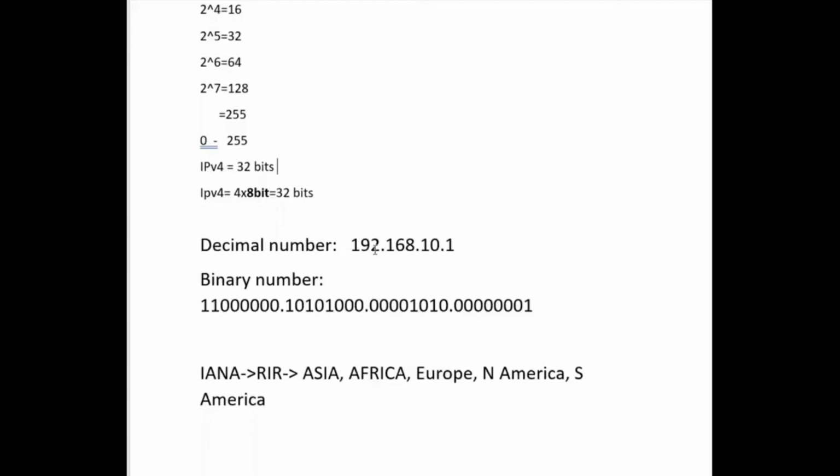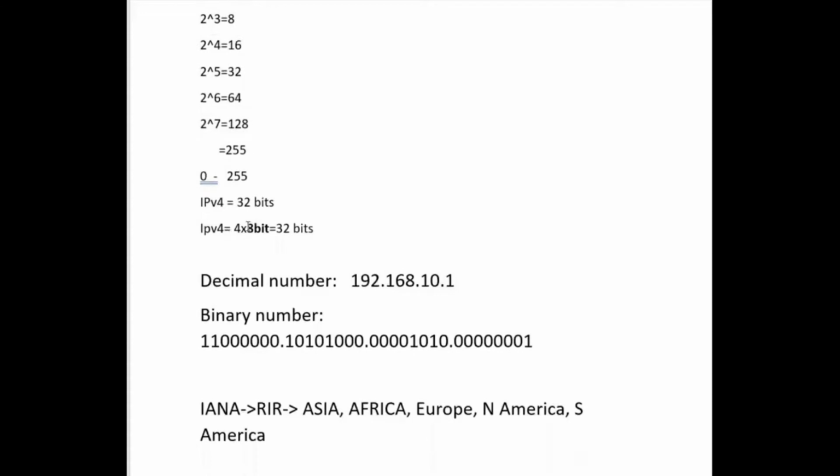Let's say the decimal number 192. We have 8 bits in each decimal number.